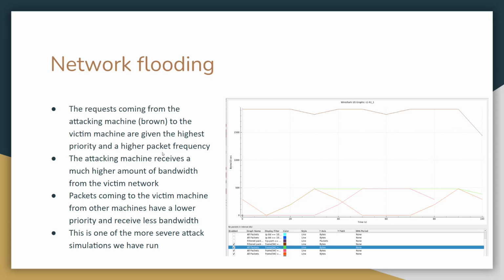This is due to the high priority that was given to the attacking machine's traffic. We also gave it a higher packet frequency, which allowed us to view this graph here, because all the other ones have a very low bandwidth on the victim machine's network, while the attacking machine has a very high amount of bandwidth. This was definitely one of the more severe attack simulations that we ran.